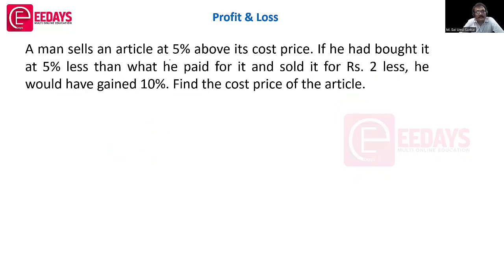A man sells an article 5% above the cost price. If he had bought it 5% less and sold it for 2 rupees less, he would have gained 10%. Here he says he sells at 5% extra. Suppose he purchases at 5% less, and then sells for 2 rupees less than the earlier cost price, the overall profit is 10%. That means the difference between the 2 selling prices is equal to 2 rupees.